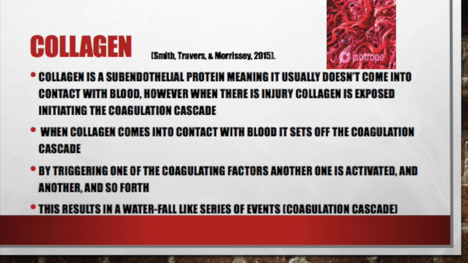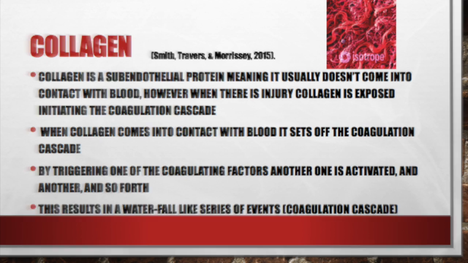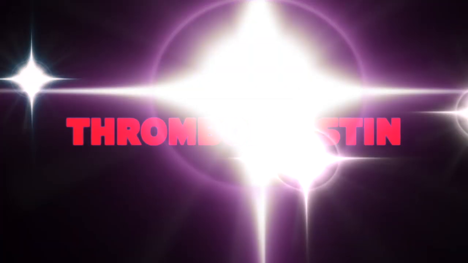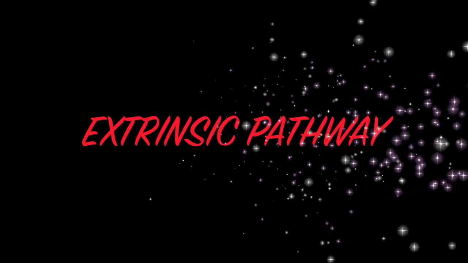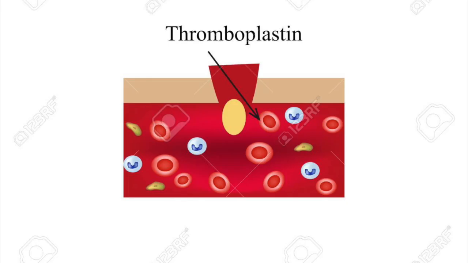When one protein is activated, so is another, resulting in a waterfall-like cascade that produces another tissue factor, thromboplastin. This series of events is known as the extrinsic pathway of the coagulation cascade. When thromboplastin gets released into the blood, it activates its own set of coagulating factors, forming what we know as the intrinsic pathway of the coagulation cascade, and resulting in the tissue factor thrombin.